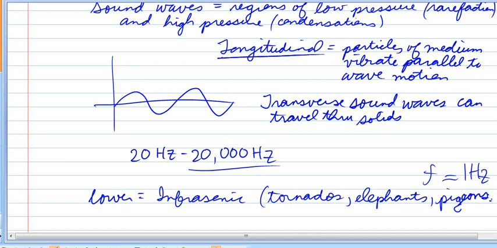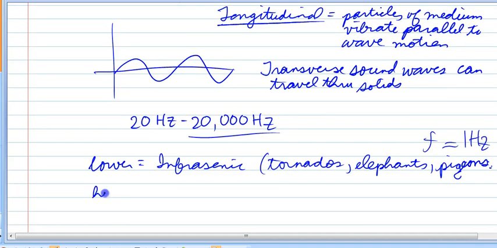There's also sound waves that are higher frequency, and that's ultrasonic. When you hear about an ultrasound, that's basically what ultrasonic means. This is more than 20,000 Hertz. So again, less than 20 and more than 20,000.